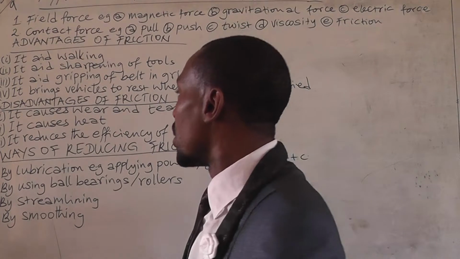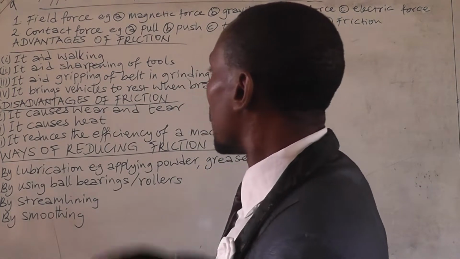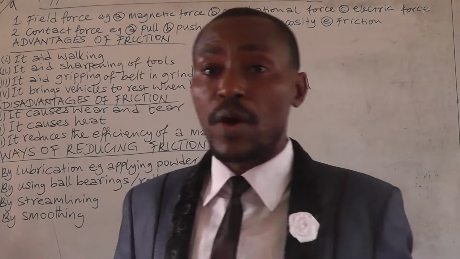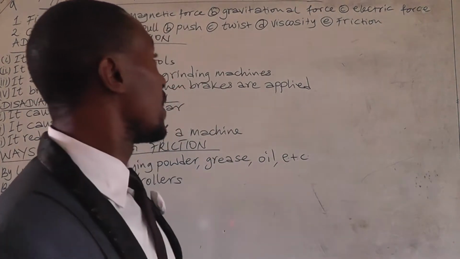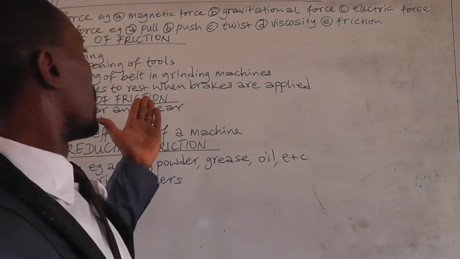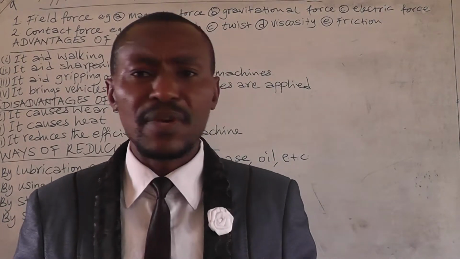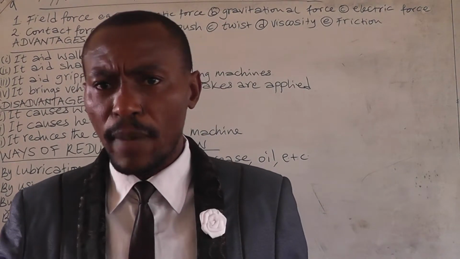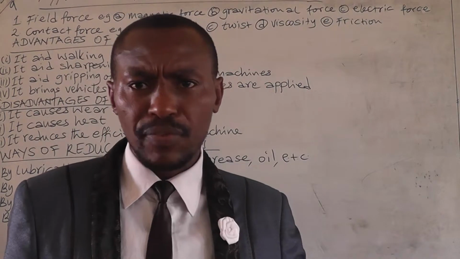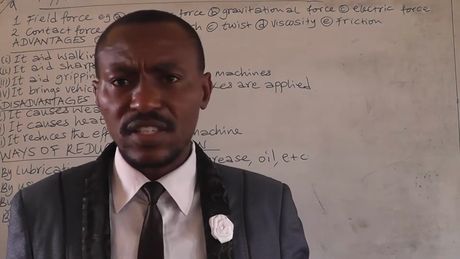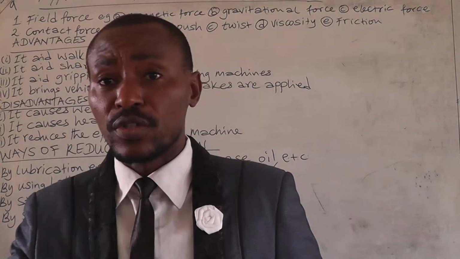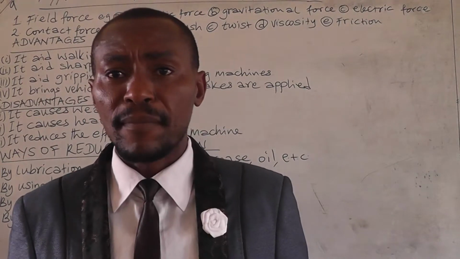Now, let's see number three. The number three says, it aids gripping of belt in grinding machine. Now, a grinding machine has two pulleys. You see one big pulley, the other pulley close to the engine itself. And belts need to be laid on them.